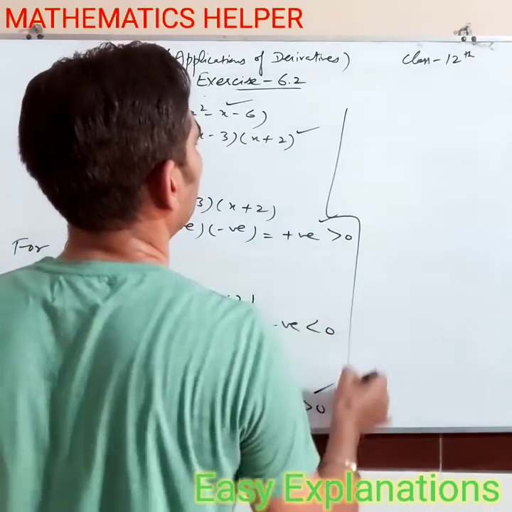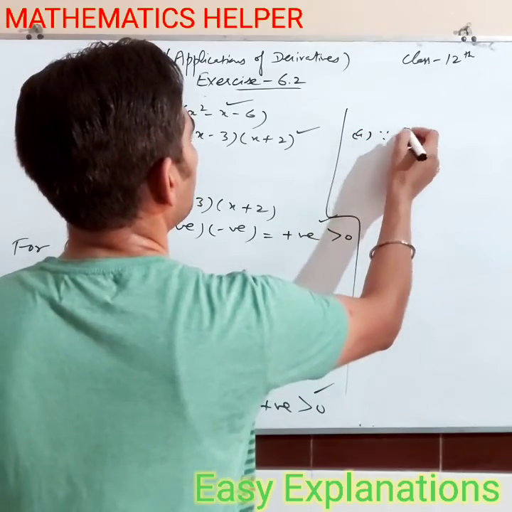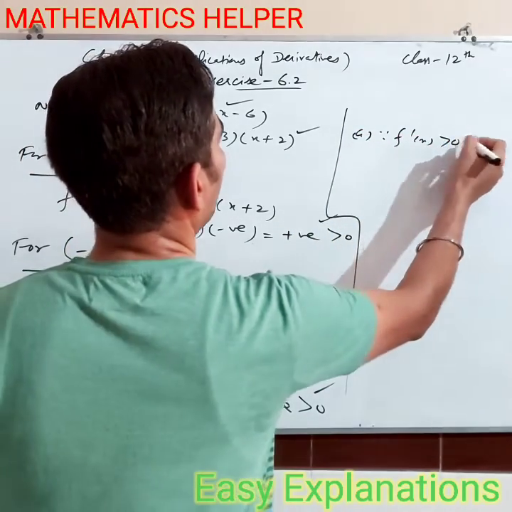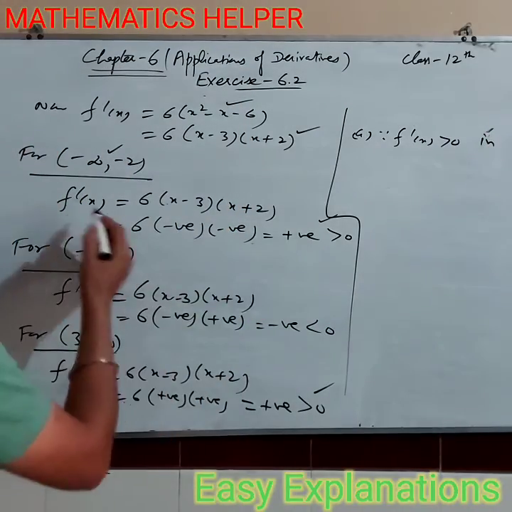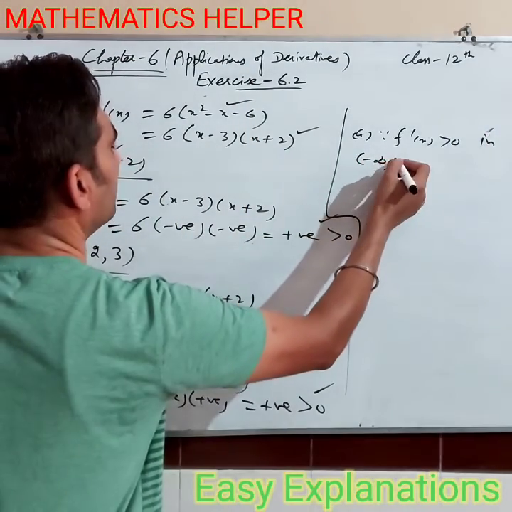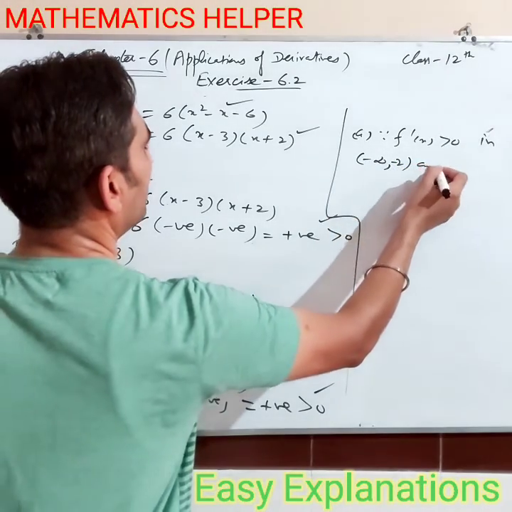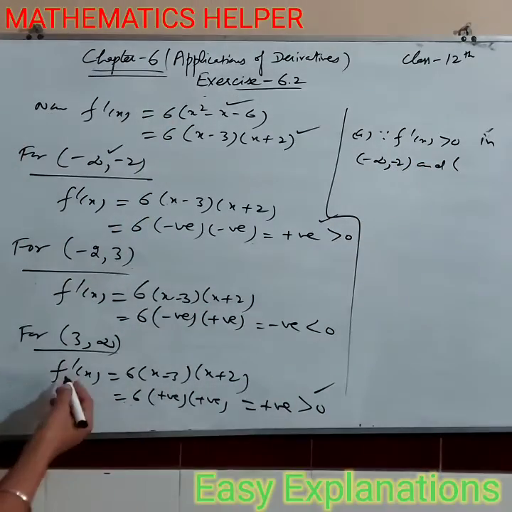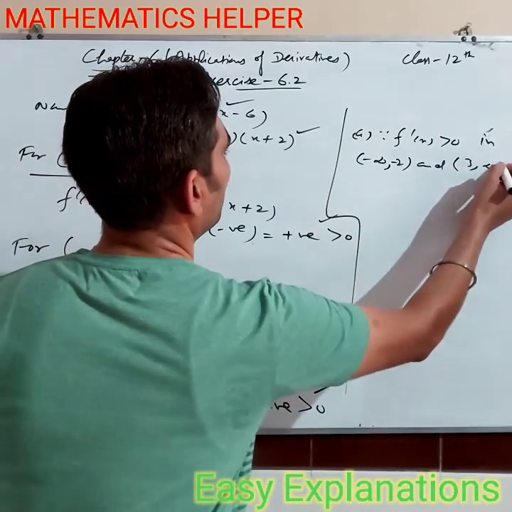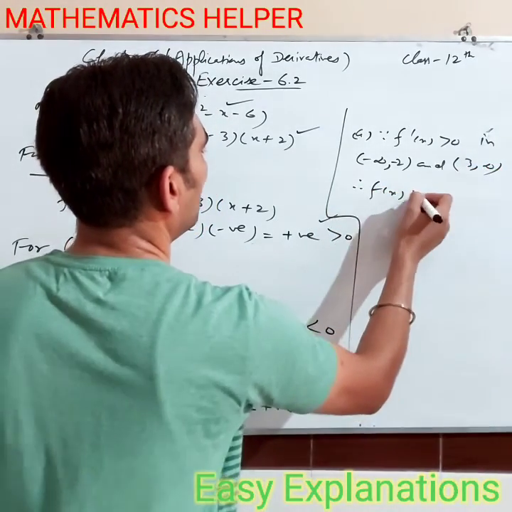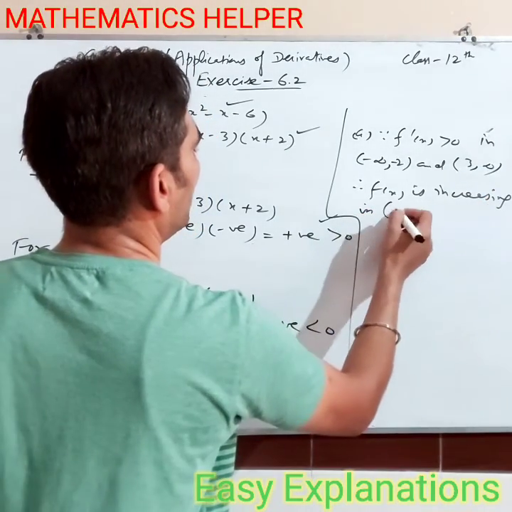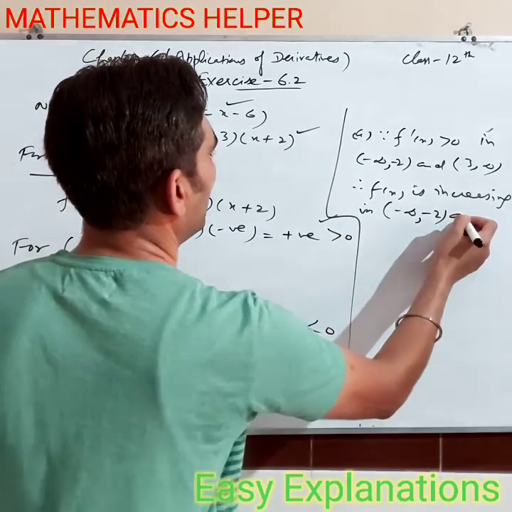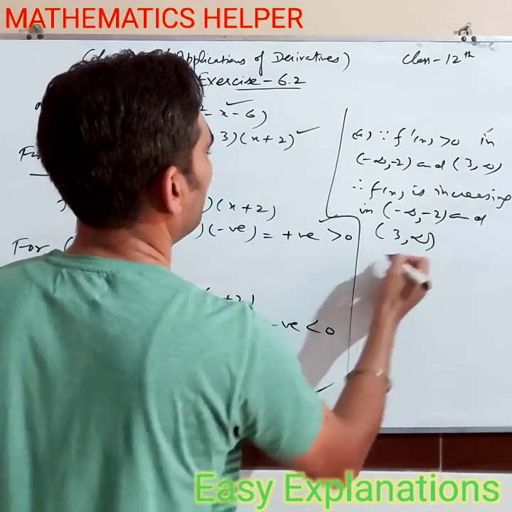First part: because f dash x is greater than 0 in, what are the intervals? In minus infinity to minus 2, and the second interval is 3 to infinity. Therefore f(x) is increasing in these two intervals, minus infinity to minus 2 and 3 to infinity.